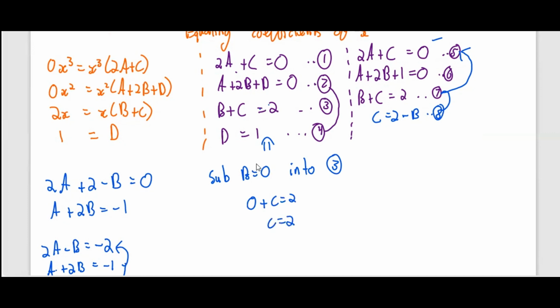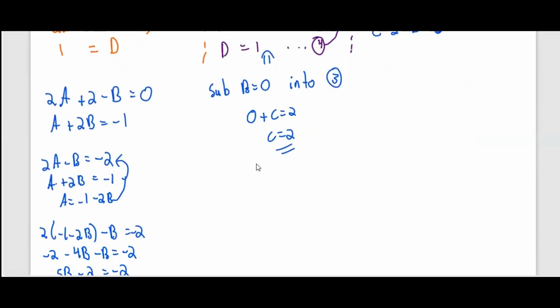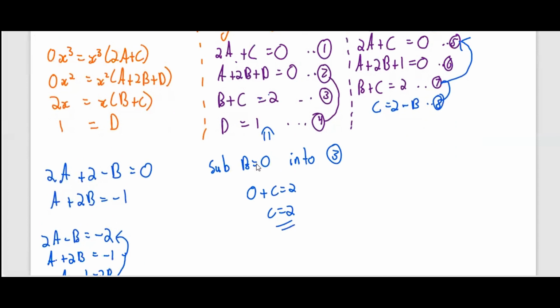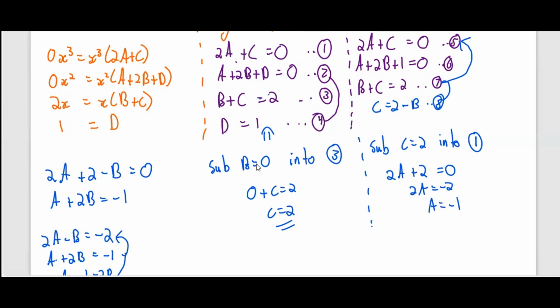So c is equal to 2. Now we could solve for a, right? Substituting c equal to 2 into 1: 2a plus 2 is equal to 0. So 2a is equal to minus 2. So a is equal to minus 1.